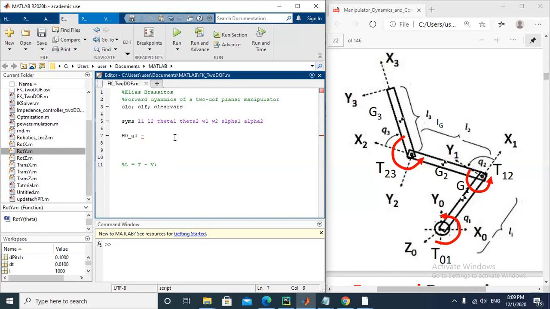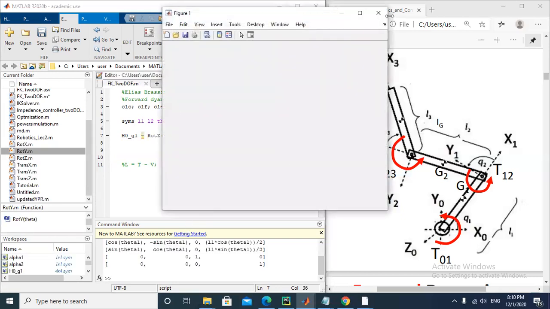So H01 is equal to what? I'm rotating about Z by theta 1, and then translating along X by L1 over 2. Let's quickly run that to confirm it.